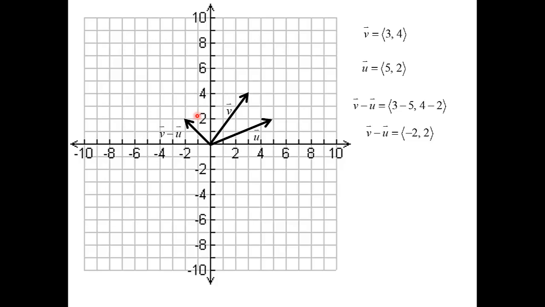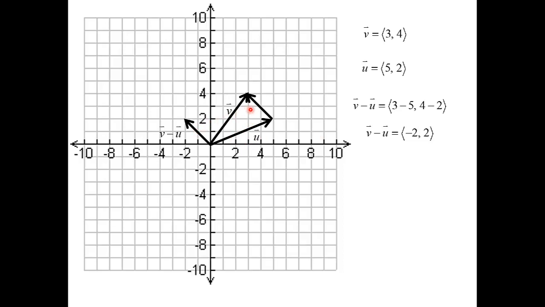But what is the geometric interpretation of that? Well, let me make a copy of that vector and slide it over this way. Notice I haven't changed the direction or the magnitude. What I've done is I've slid this vector up and put its initial point on the terminal point of u and the terminal point on the terminal point of v. So notice v minus u, if you want to see a picture of what that looks like, it's a vector.